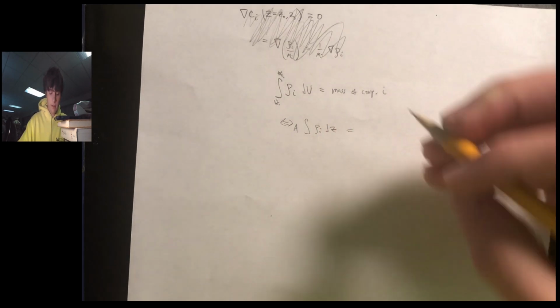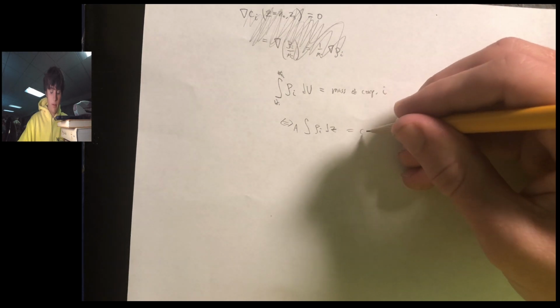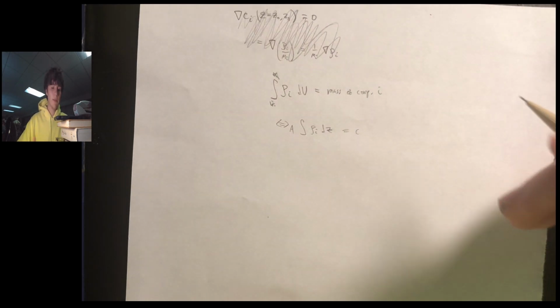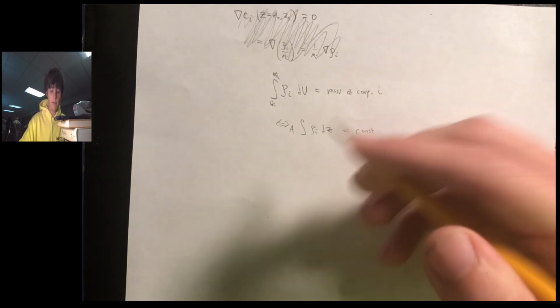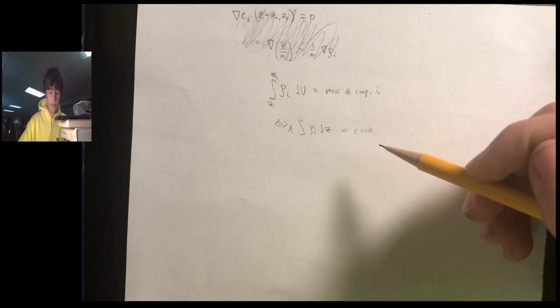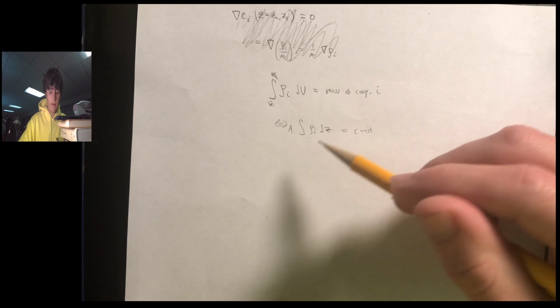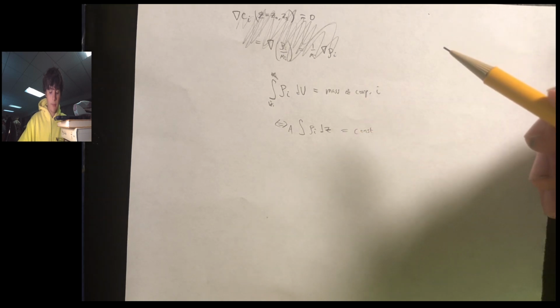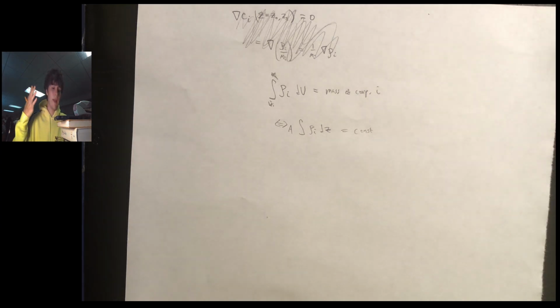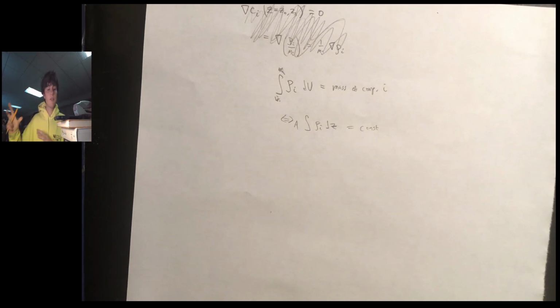You pull that out, and since it's a closed system and there's no mass entering, the total mass of component I must be equal to a constant, meaning in time, when these graphs change in time, the total area under the curve must be constant.